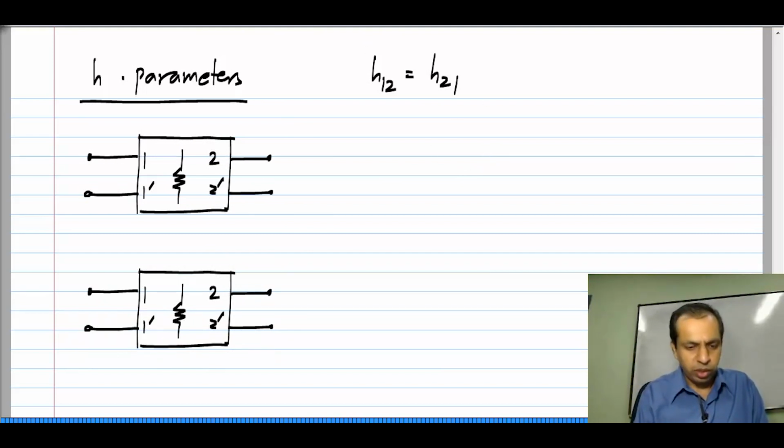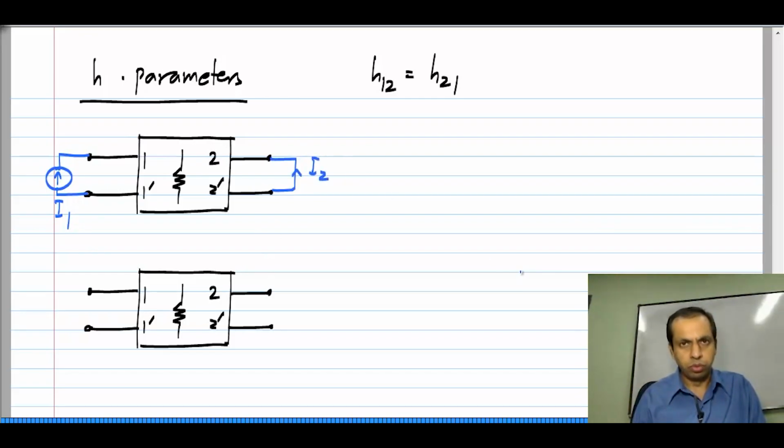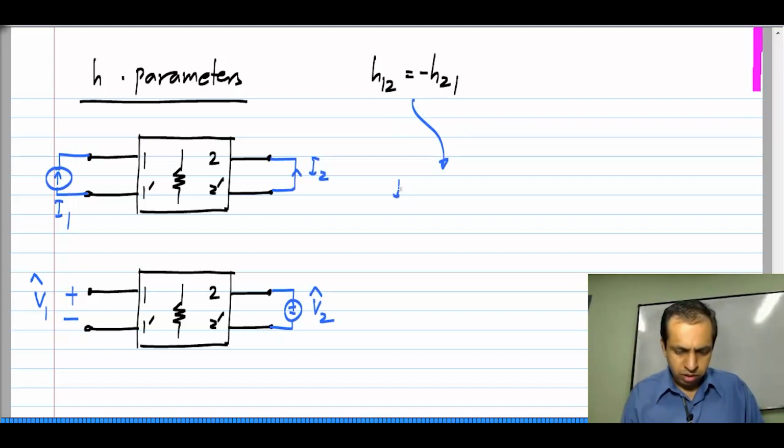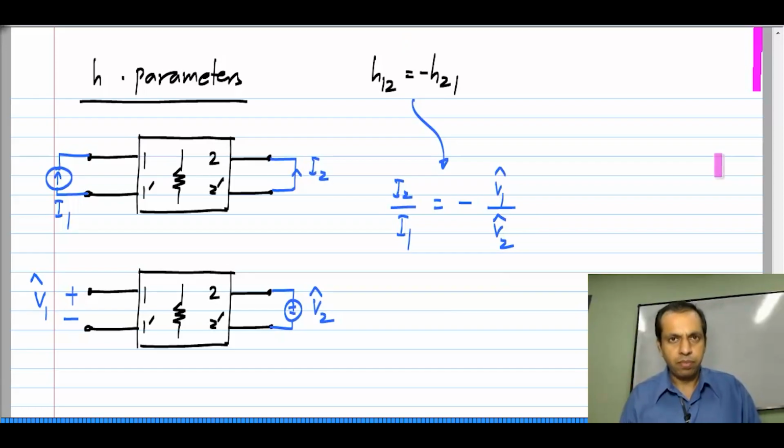When you are measuring H21, you will apply a current to port 1, terminate port 2 with a short circuit and measure the current in port 2. And when you are measuring H12, you will apply a voltage to port 2 and have an open circuit across port 1 and measure the voltage across that open circuit. This of course implies that I2 by I1 equals minus V1 hat by V2 hat.